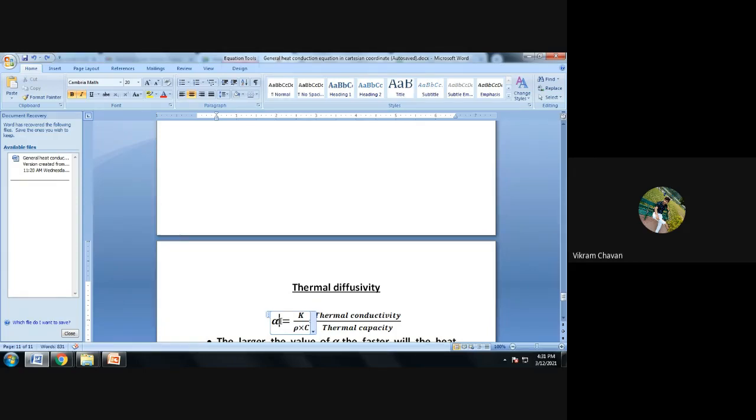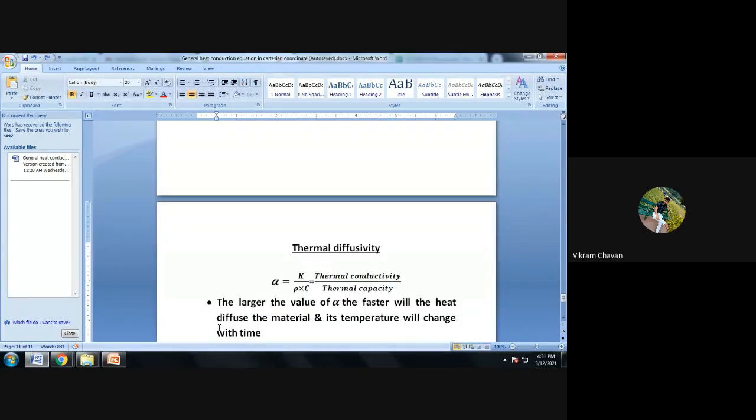And for low alpha, what are the hampering points? Lesser thermal conductivity or higher thermal capacity. These are the points which will reduce the thermal diffusivity. I think you will understand better on these points.